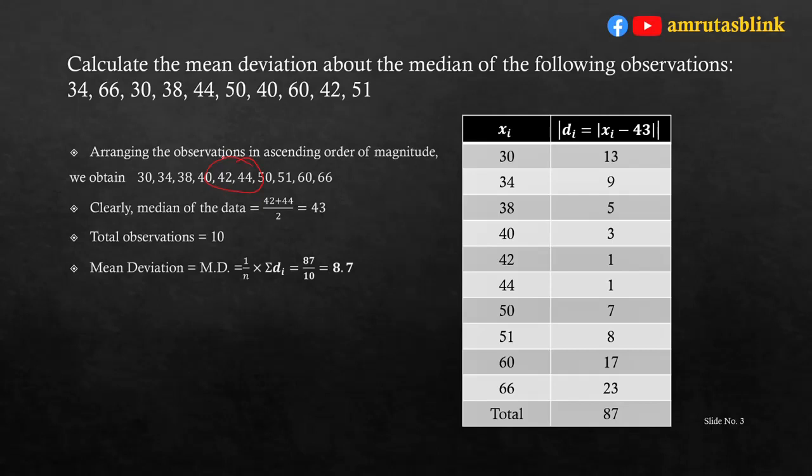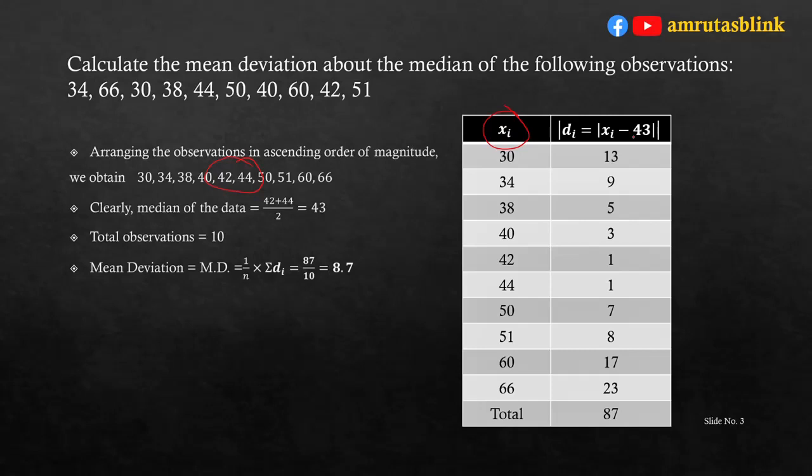In that table, we will create the xi column and write all the values: 30, 34, 38, 40, 42, 44, 50, 51, 60 and 66. Now, di, that is deviation, is the difference of the given observation from the median which we have calculated, that is 43. So, di is modulus of xi minus 43.